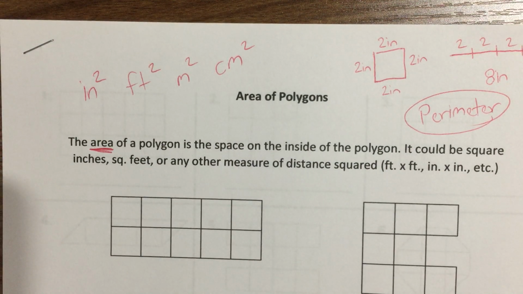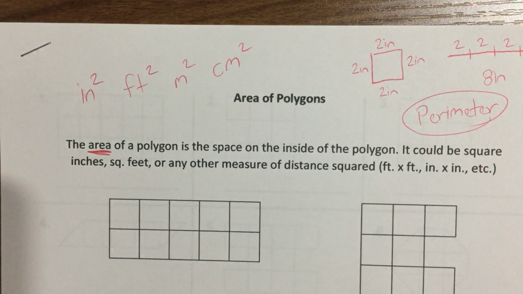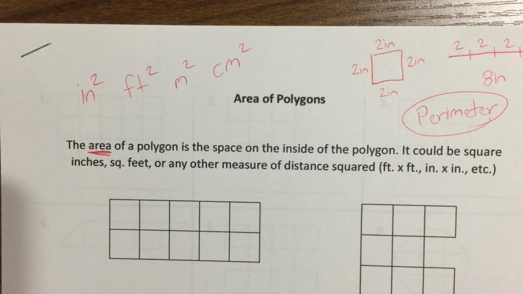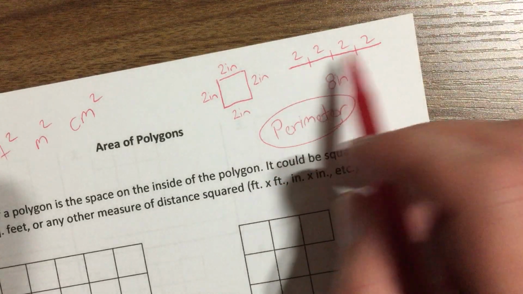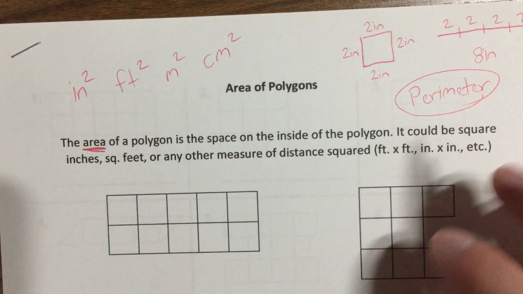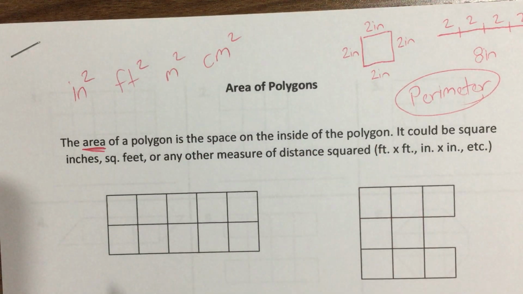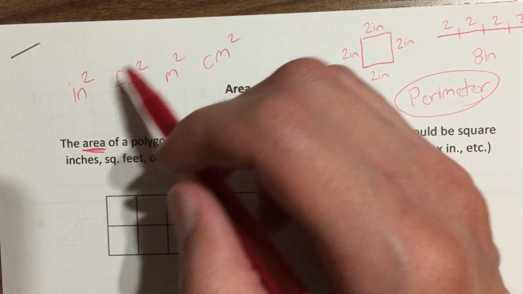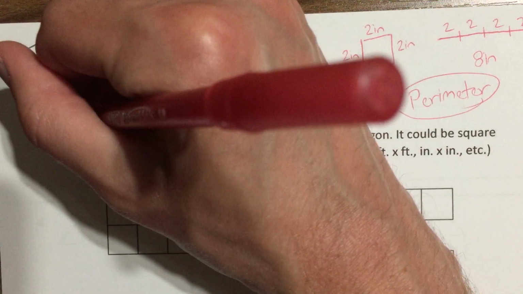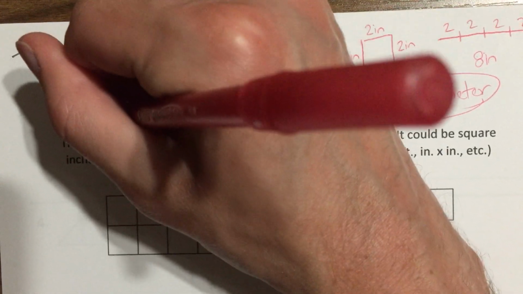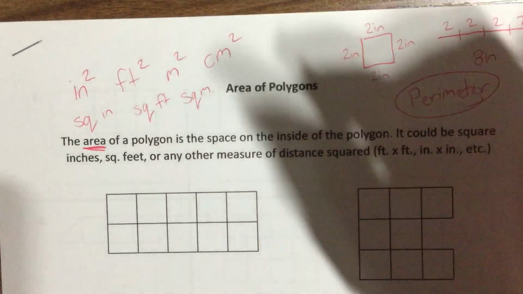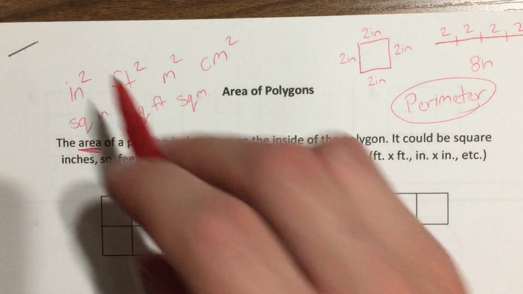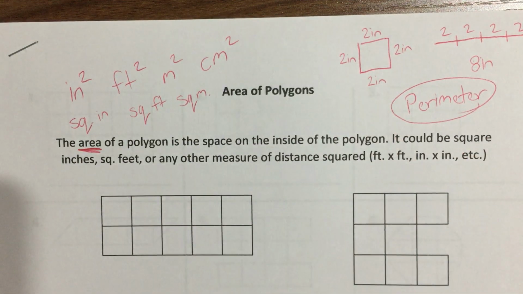That little 2 up there tells me that we are dealing with area instead of a straight line. We're going to practice this: area needs to have this little 2 up here, or you could say square inches or square feet or square meters. It's easier just to put that little 2 up there, but you could write it either way.